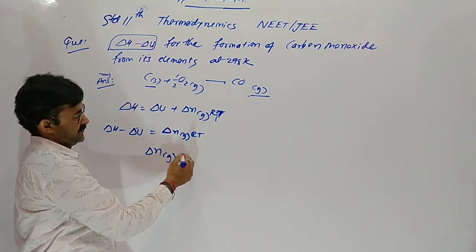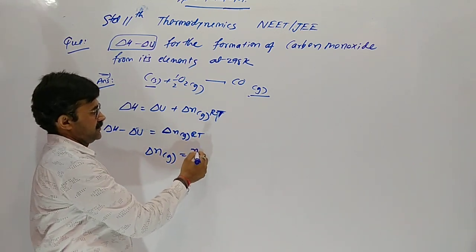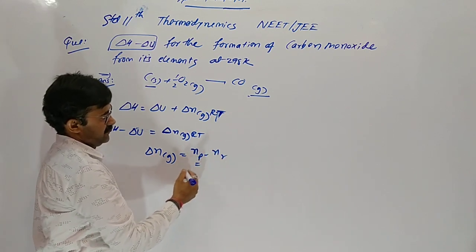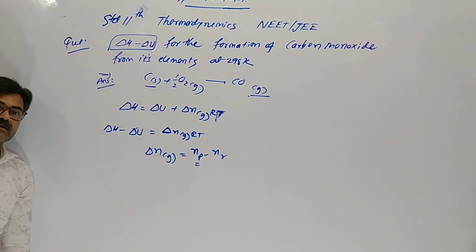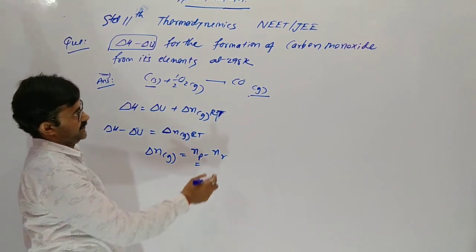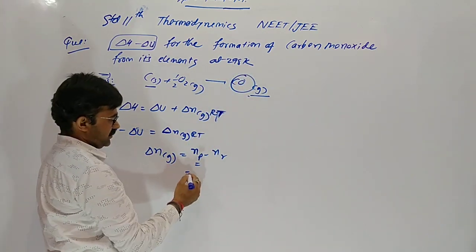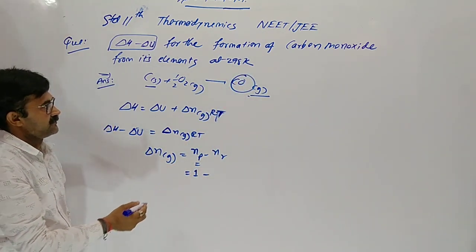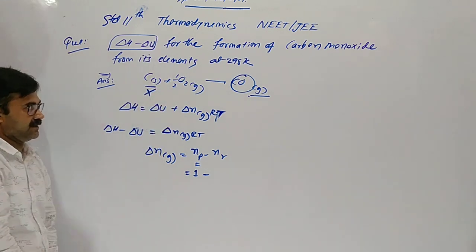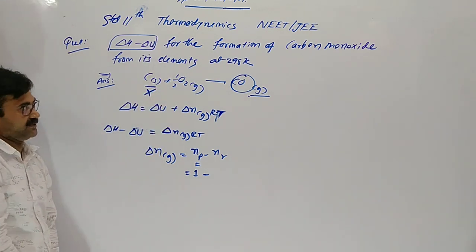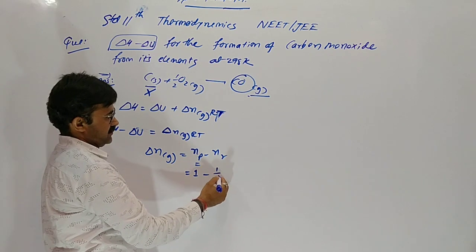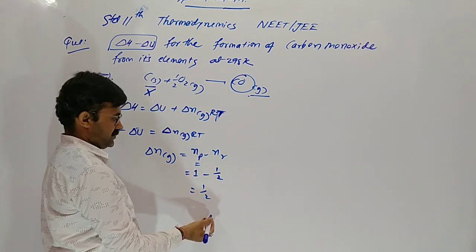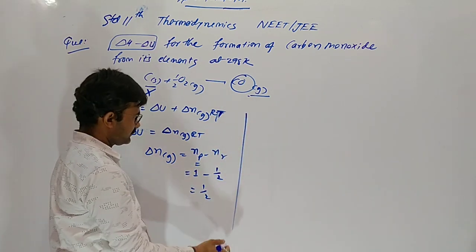Delta n g will be the gaseous moles of the product minus the total gaseous moles of the reactant. Here the gaseous mole of the product is 1. Solid is not allowed to be counted. Reactant is 1/2 mole, so 1/2.